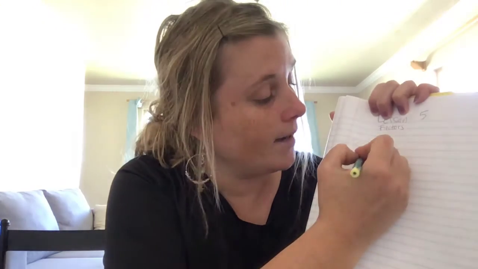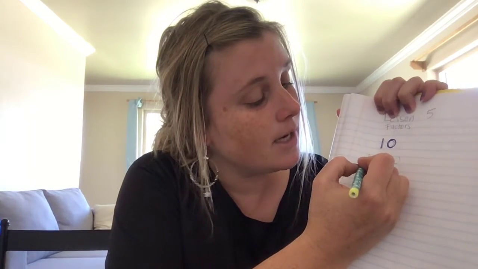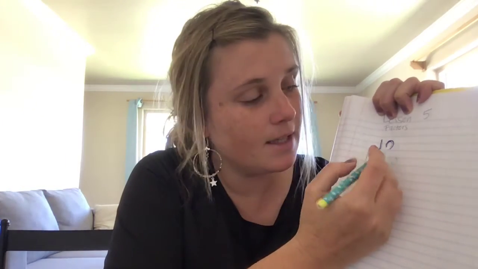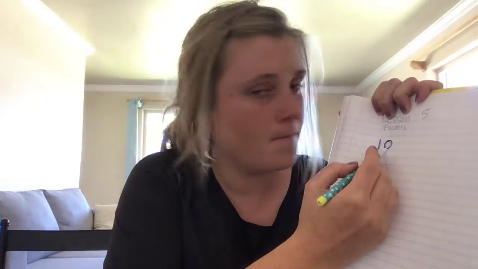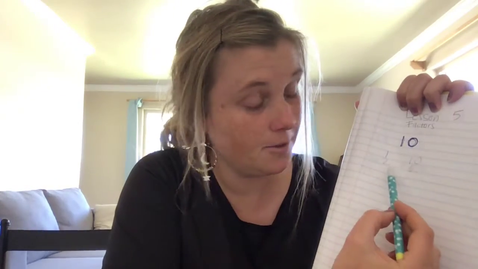Let's start with the ones that we know. Easy, right? 1 and 10. That's easy, because 1 times 10 equals 10. Let's go down. 2 times 5. What's 2 times 5? 10. Okay, 3. Does 3 times anything equal 10? How about 4? How about 5? 5 times 2.